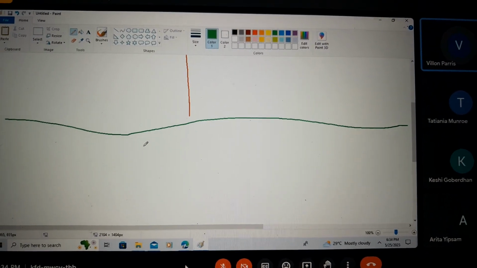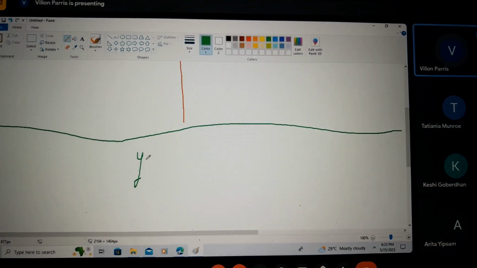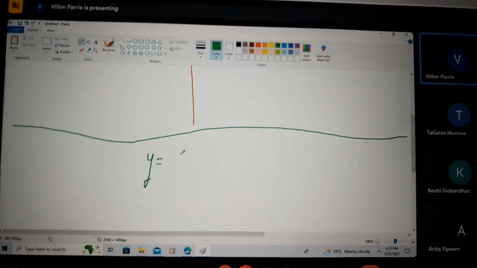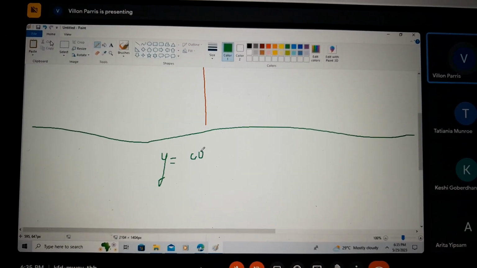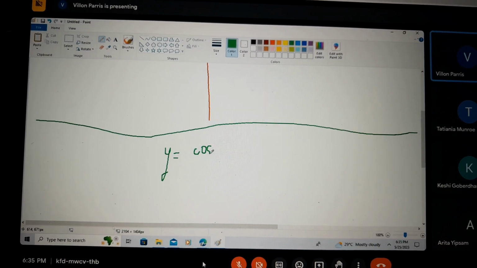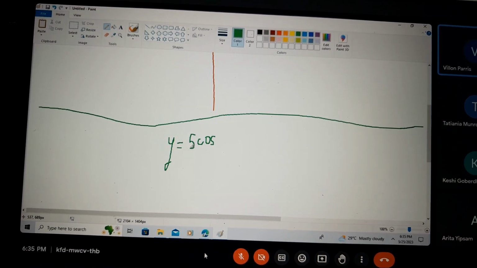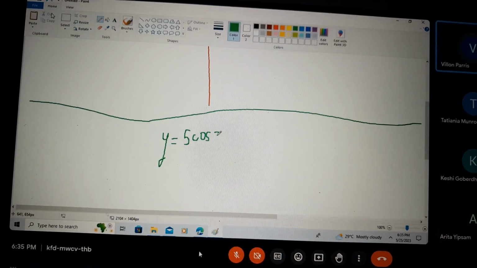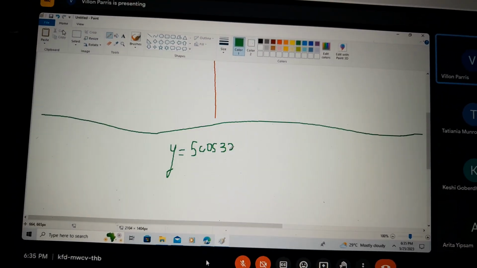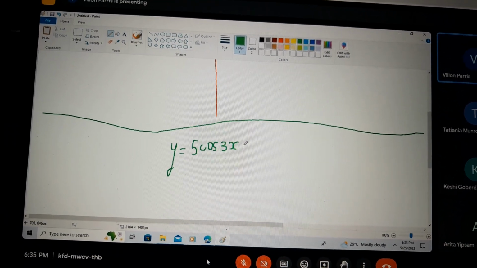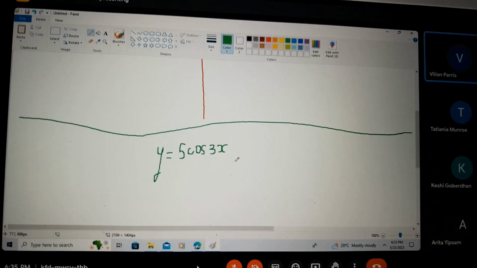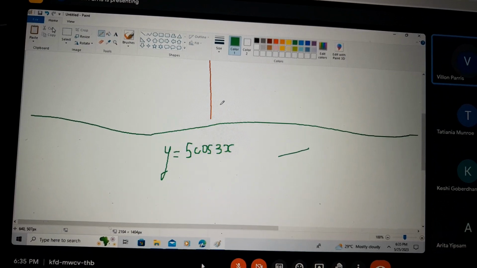So let's say we have y is equal to 5 cos 3x. Good. What are we going to let u be equal to in this case?